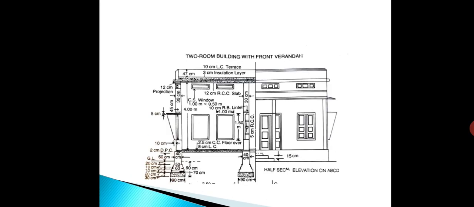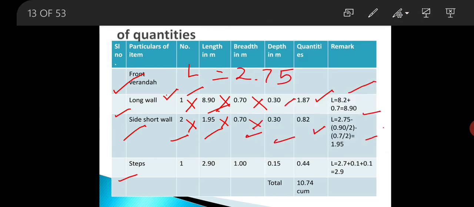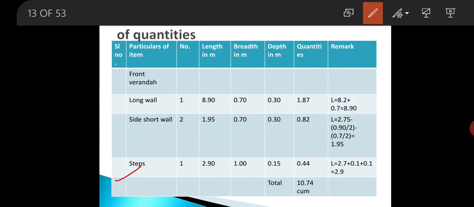So in the details of measurement, write down steps, 1 number, the concrete work in foundation for this step. Length is 2.9, and in the remark column write down 2.7 plus 0.1, 2.9. Breadth is 1. Depth is 0.15. Then by multiplying these three, we get the total quantity as 0.44 cubic meter.